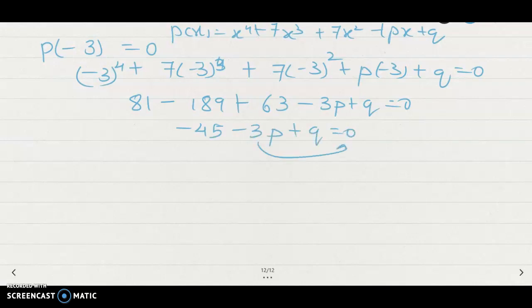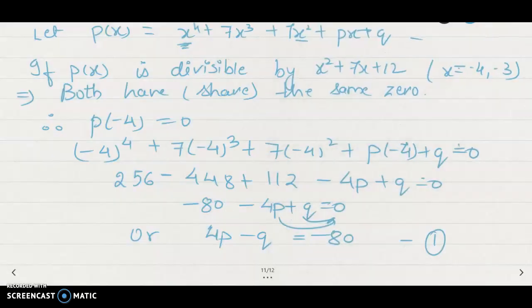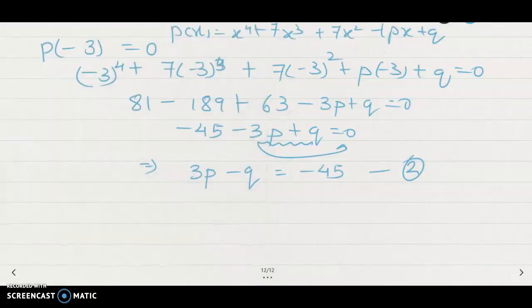On shifting 3p and q from left to right, we get 3p minus q is equal to minus 45, and we give this as equation number 2. Equation number 1 is 4p minus q is equal to minus 80, and 3p minus q is equal to minus 45 is equation number 2.